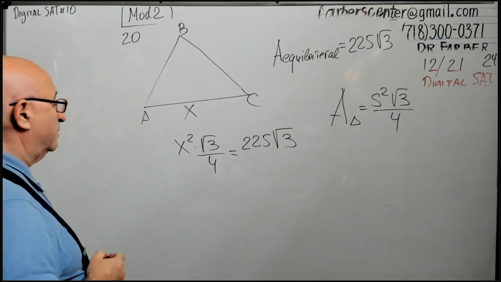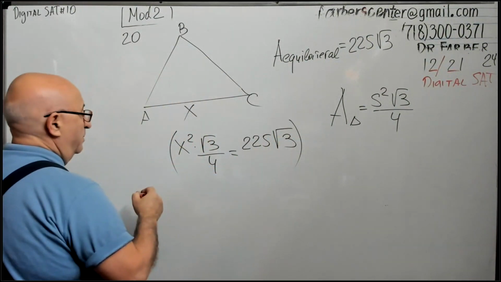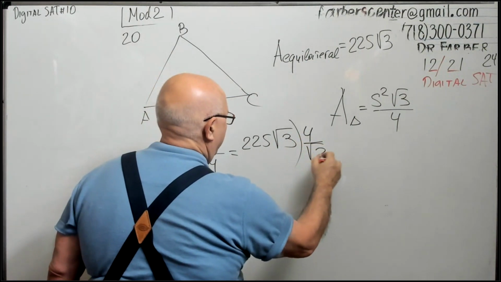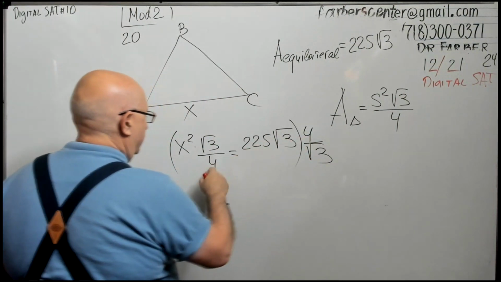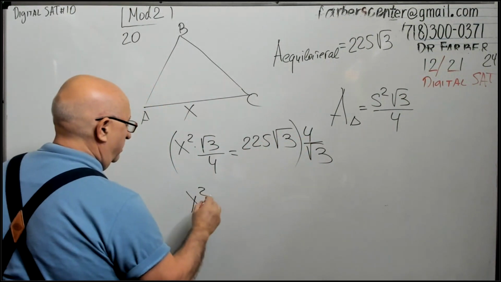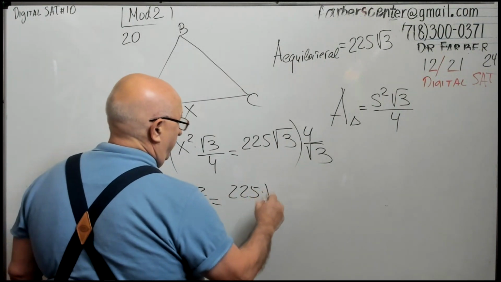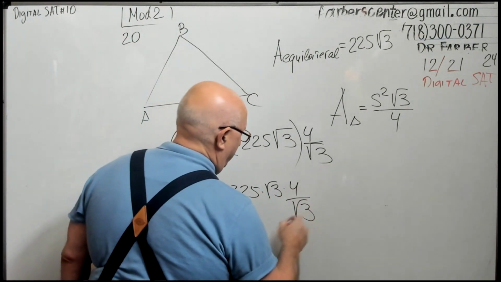How to find x squared? I multiply both parts by the reciprocal, 4 over square root of 3. This and this cancel out, this and this cancel out. I have x squared is 225 times square root of 3 times 4 divided by square root of 3.